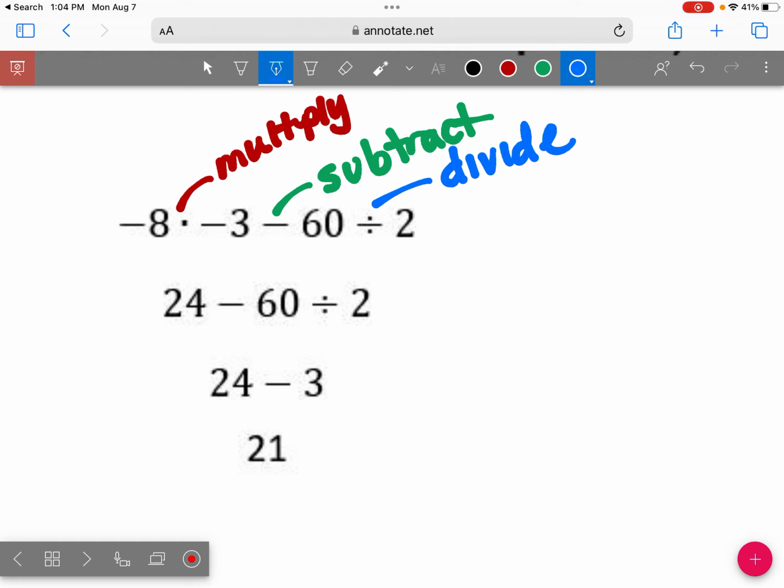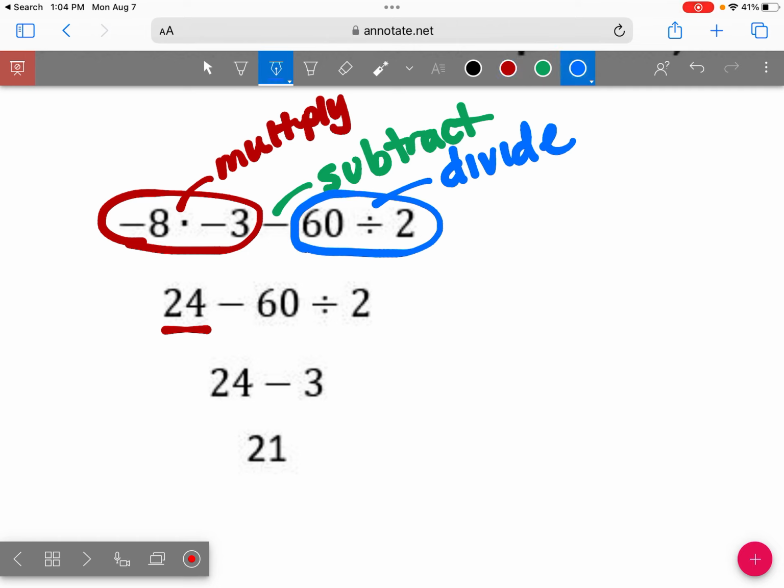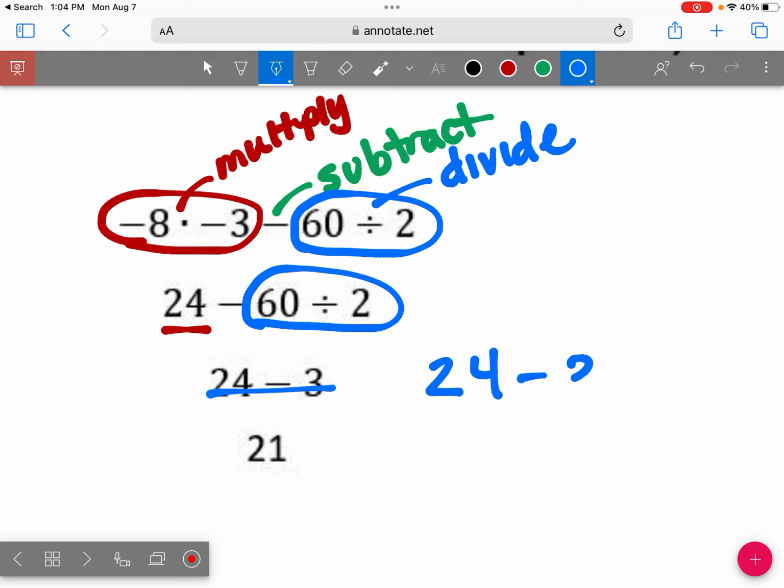What should come first is left to right. They multiplied and they got positive 24. I agree. But when they divided 60 divided by 2, what is 60 divided by 2? 30. So this should be 24 minus 30.